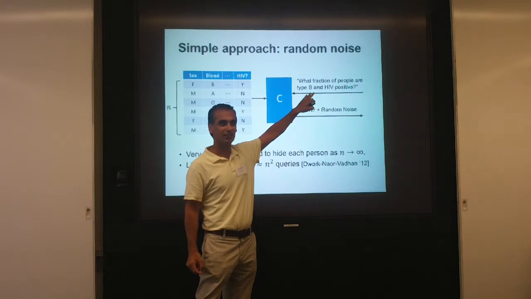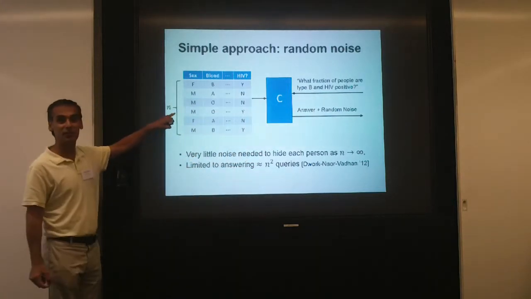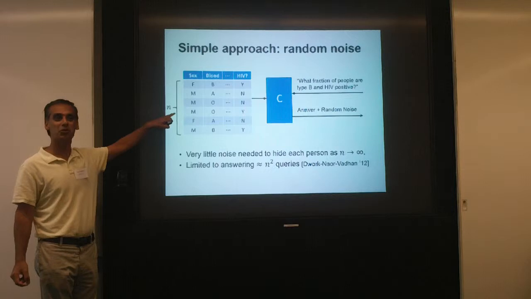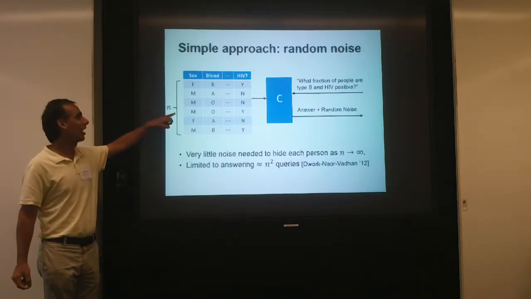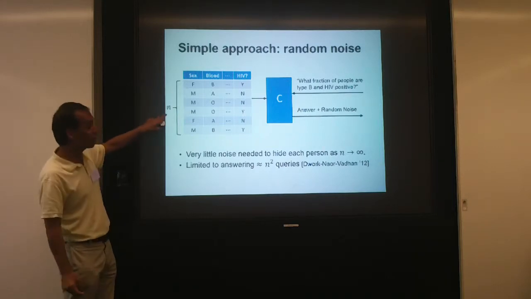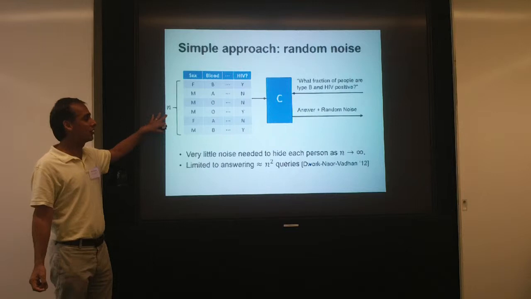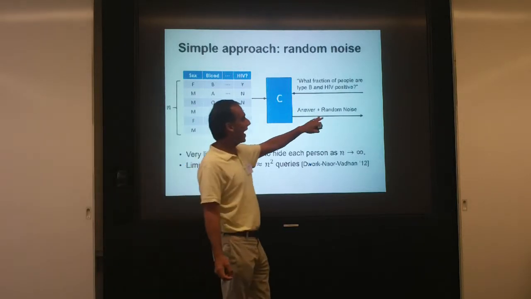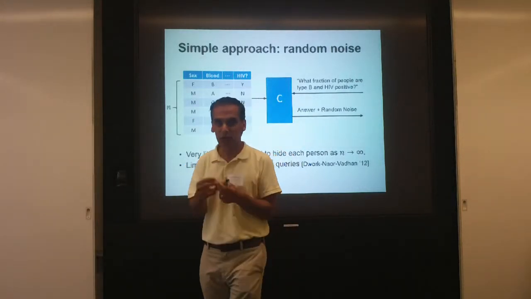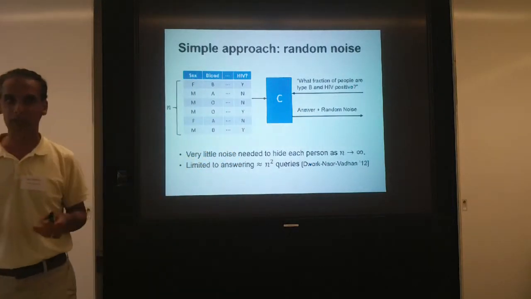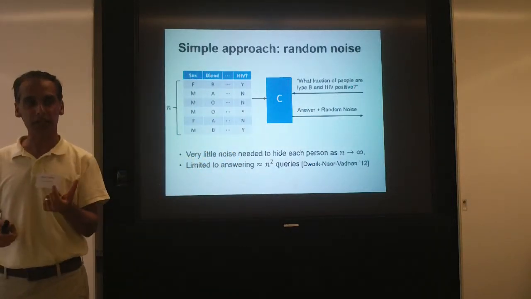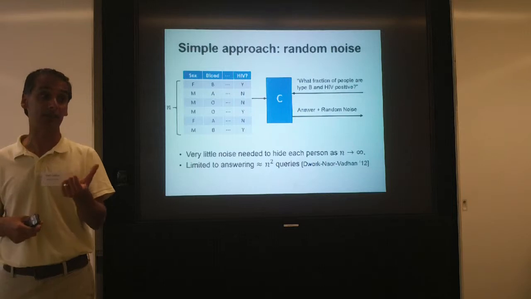It's going to depend on the size of the data set. So let's say we have n people in the data set. What's the most it can change the answer by? It would be 1/6 at this particular time. Yeah, 1/6, but in general, 1 over n. And so if we add enough noise of magnitude a bit larger than 1 over n, that should be enough intuitively to drown out the effect of any one individual.